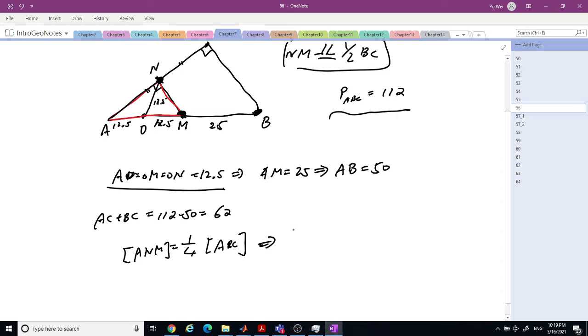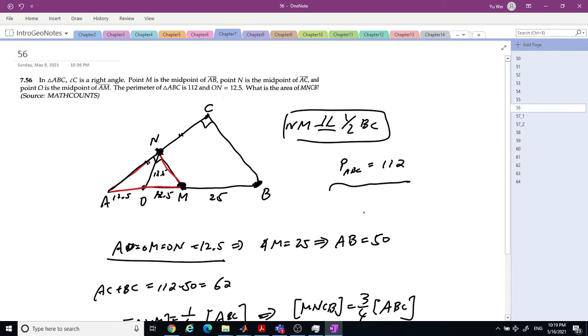Then MNCB will be 3/4 of the triangle ABC. So if we solve the triangle ABC, then we can solve the area of MNCB.